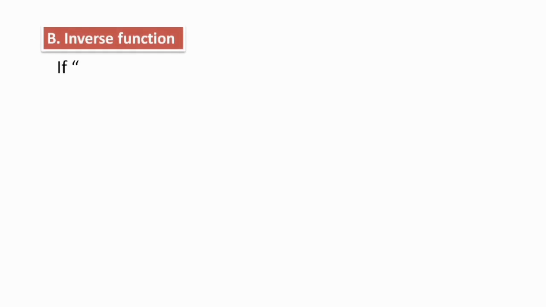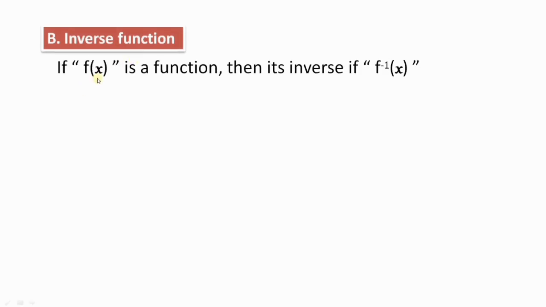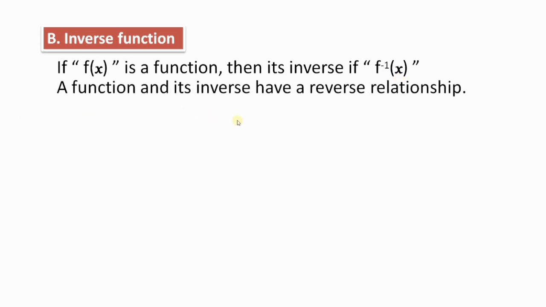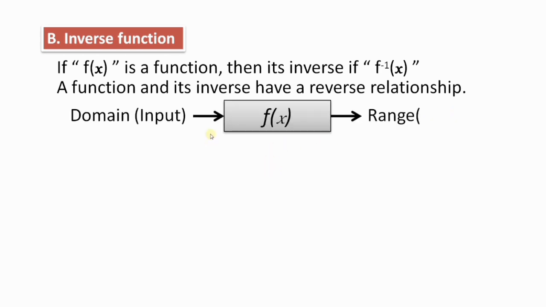Now let's look at the inverse function. If f of x is a function, then its inverse is f inverse of x. A function and its inverse have a reverse relationship, like we will see in this illustration.